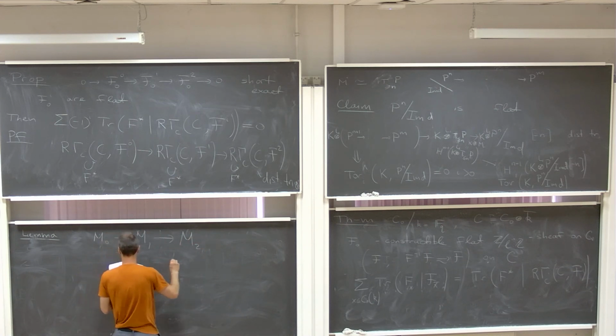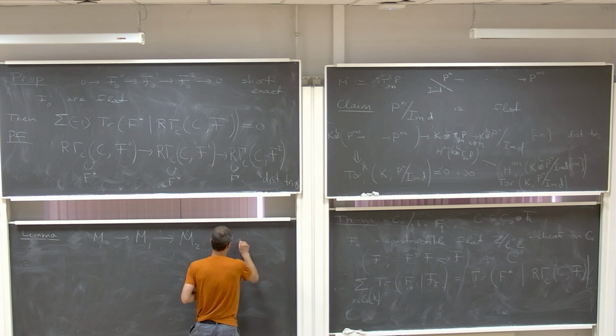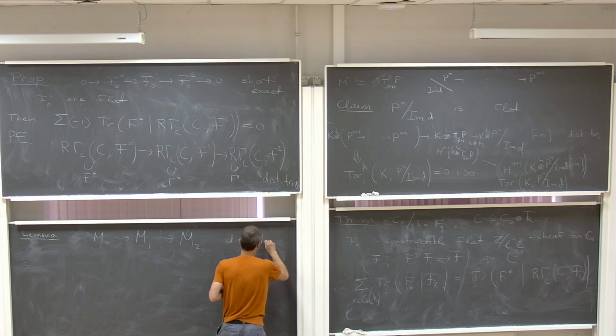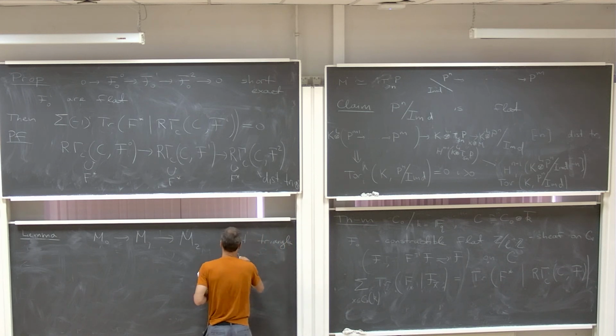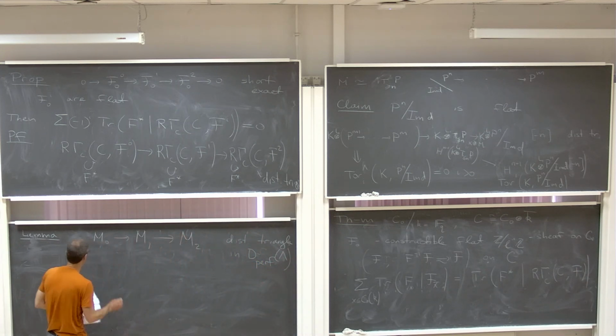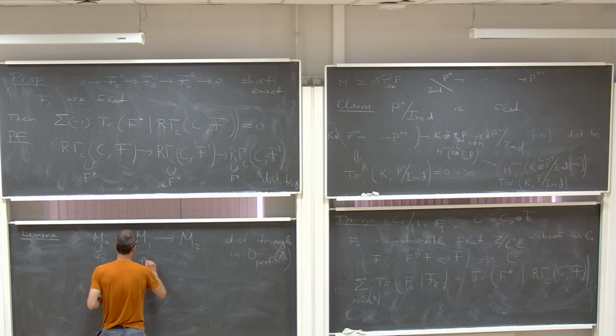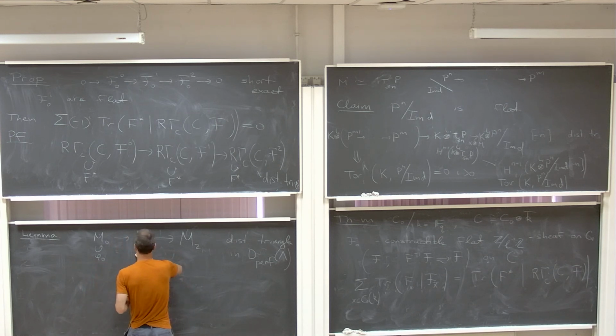This is a triangle, a distinguished triangle in G-perf. Well, I could put some lambda here. And you have phi 0, phi 1 acting here, and phi 2.